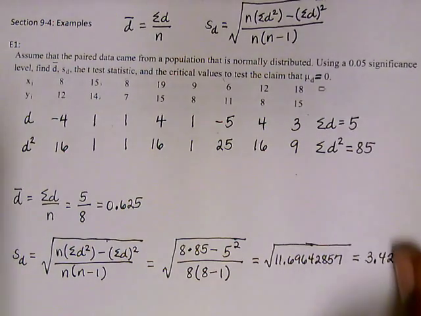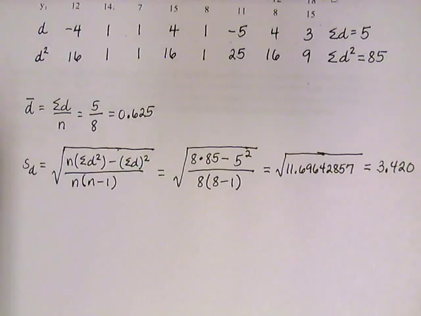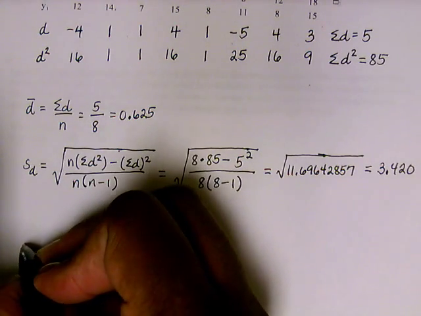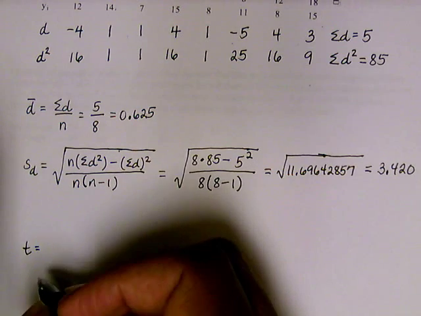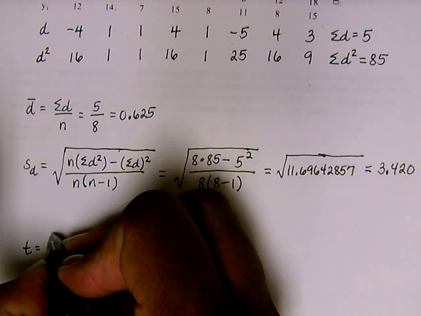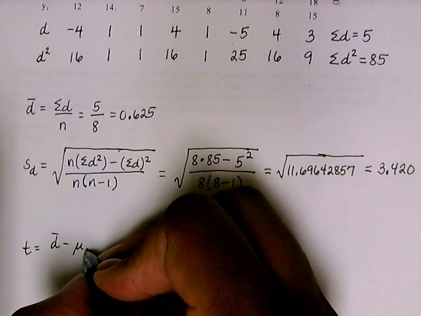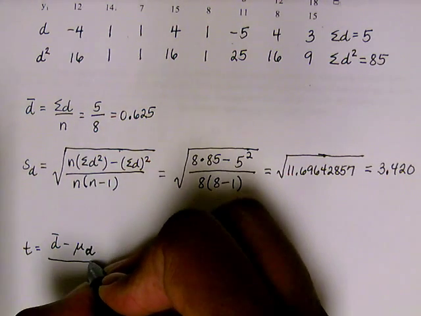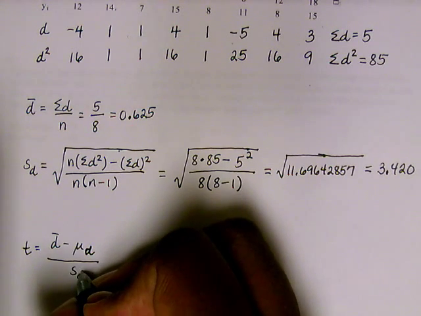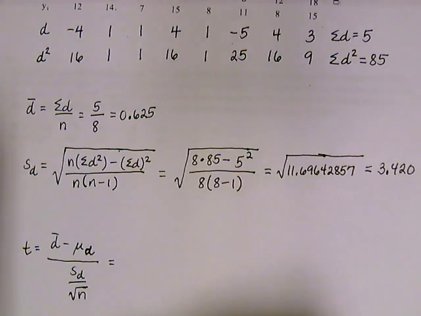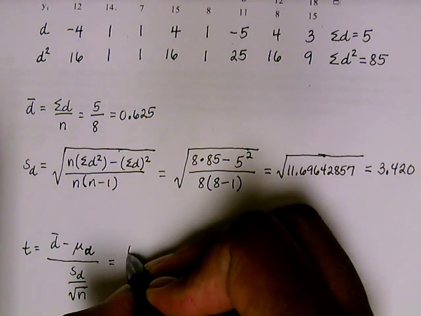Okay. Now, using this information, I can calculate the test statistic. I'm going to calculate the t-test statistic. So here, I'm going to use that t-test statistic, which is t is equal to d bar minus mu sub d, all of that divided by s sub d over the square root of n. In this case, d bar was 0.625.